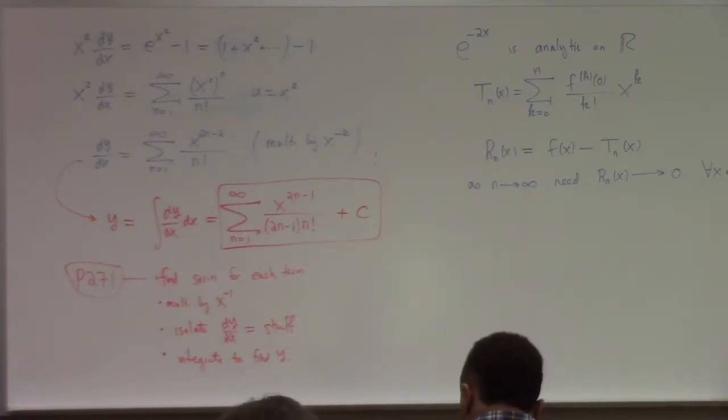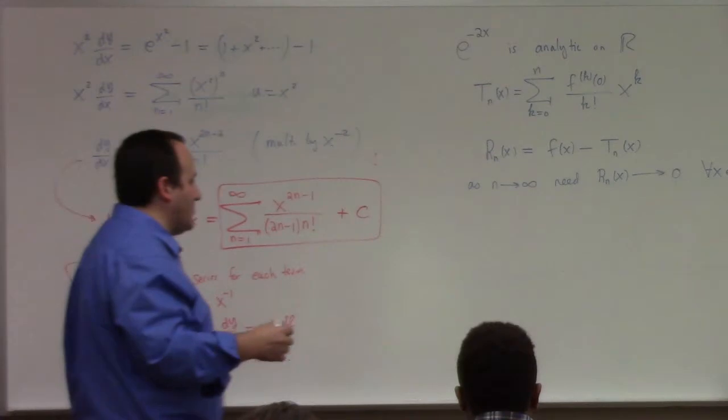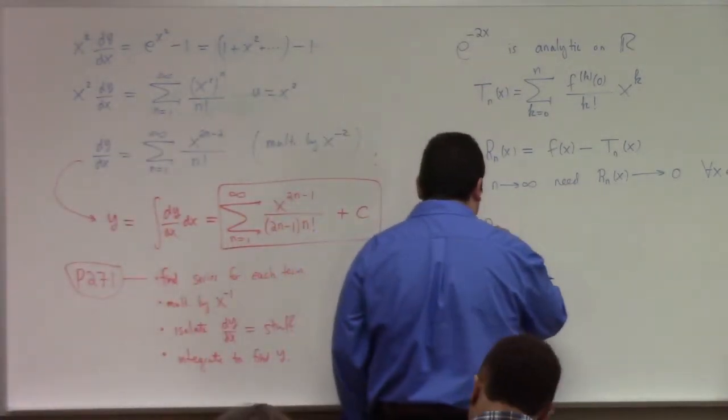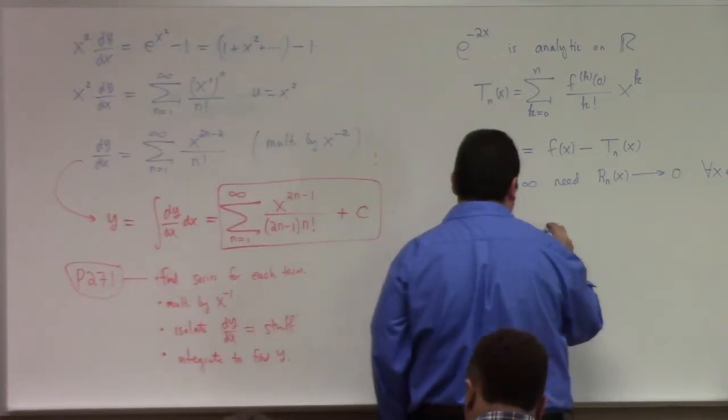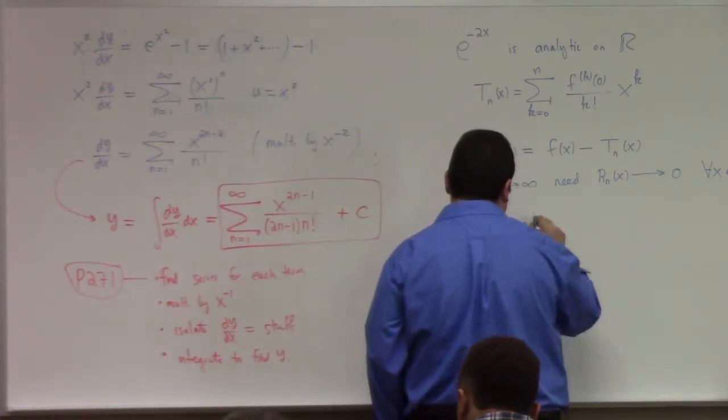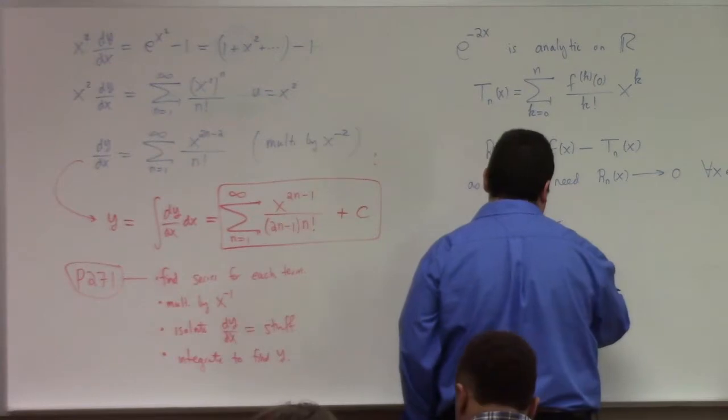It gave us a tool to bound the remainder according to the n plus 1 derivative. So the absolute value of Rn of x is less than or equal to what?